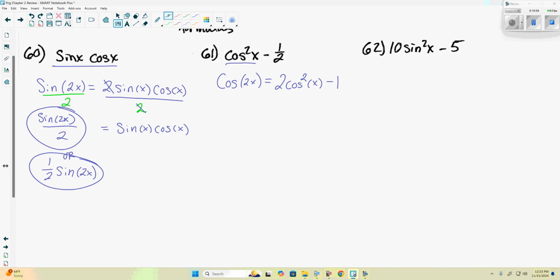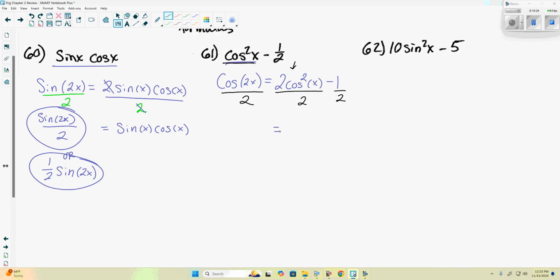Now, this cosine doesn't have what? But this one does. 2. So how could we get rid of that 2? We can divide by 2. But if we do, we have to divide everything by 2.